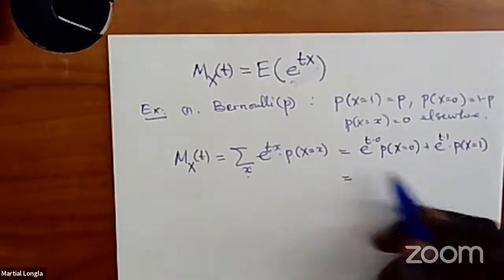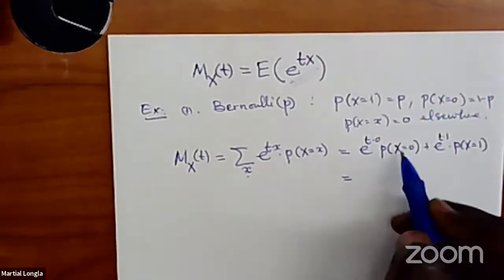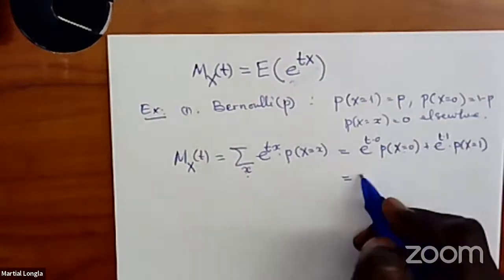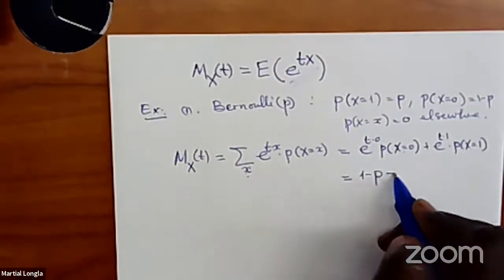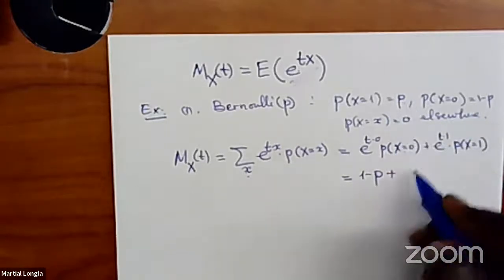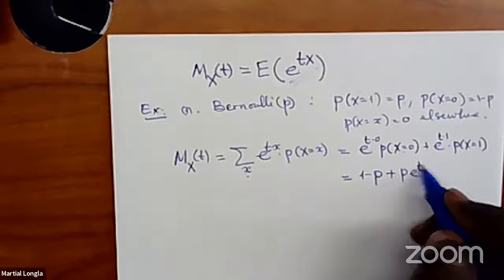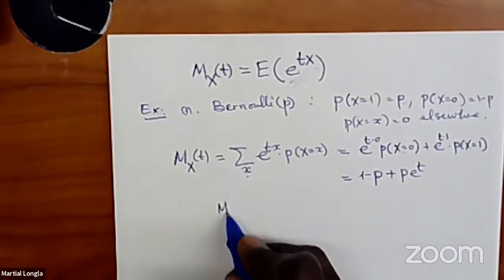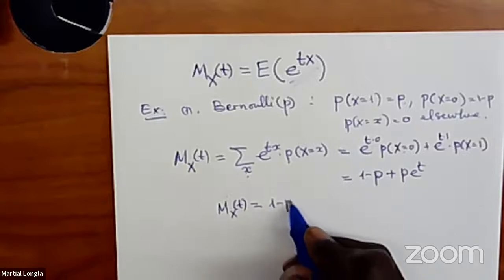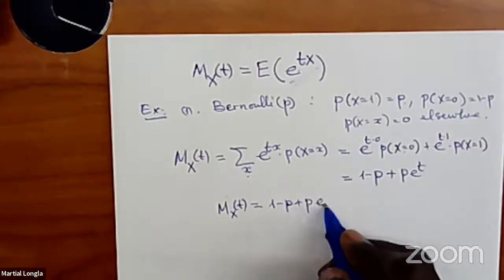The probability that x equals 0 is 1 minus p. E to the 0 is 1, so this is 1 minus p plus the probability that x equals 1, which is p, so that's p e to the t. So the moment generating function of this random variable is 1 minus p plus p e to the t.